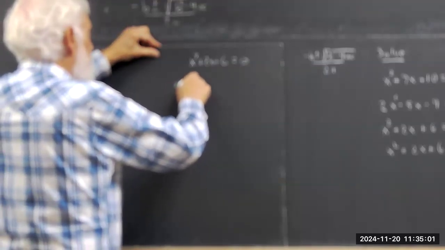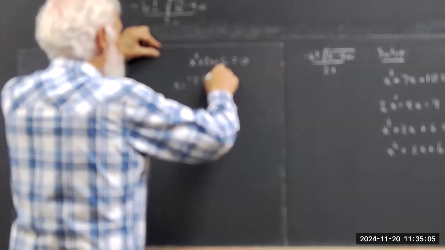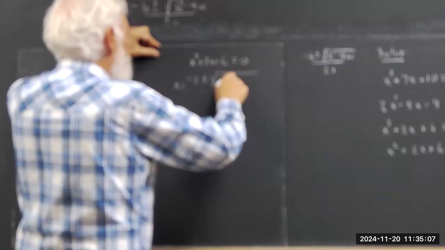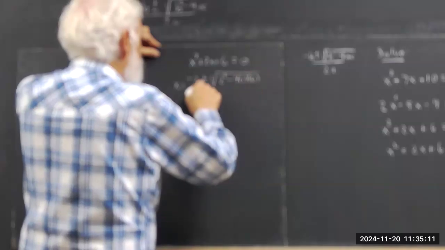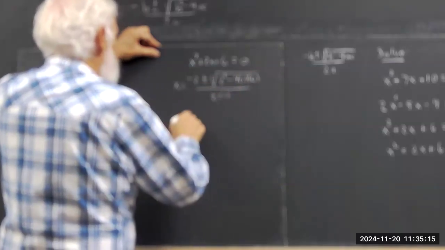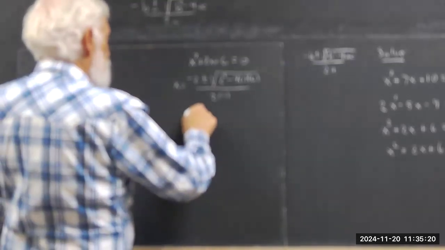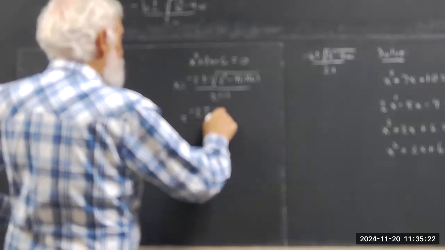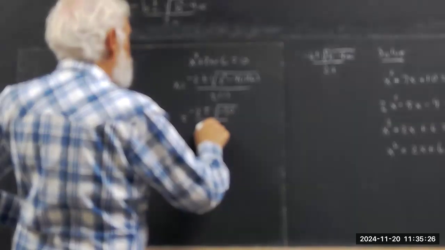We get x equals negative 2 plus or minus the square root of 2 squared minus 4 times 1 times 6, all divided by 2 times 1. And the numbers work out very simply. We get negative 2 plus or minus the square root of negative 20 over 2.